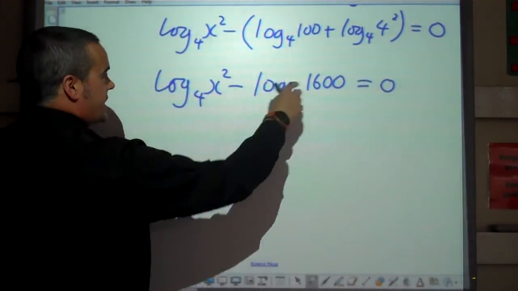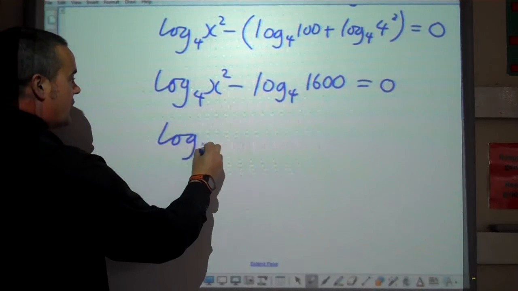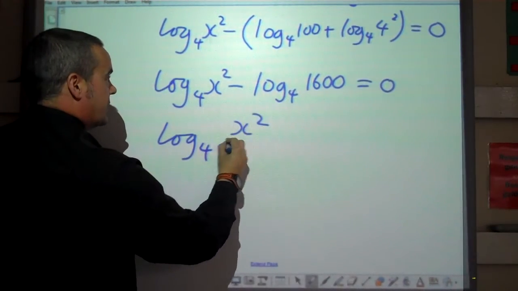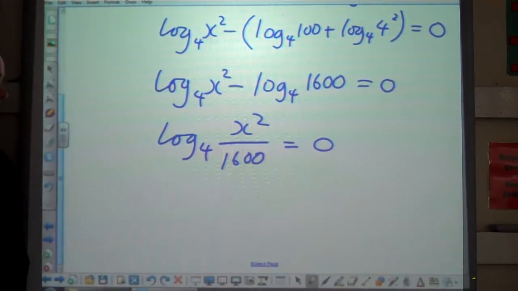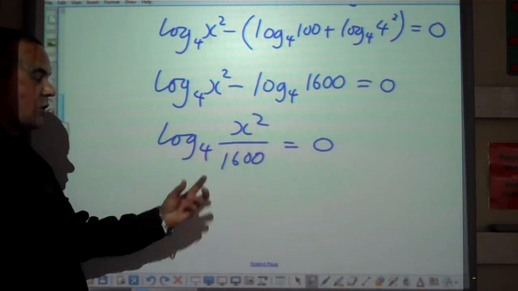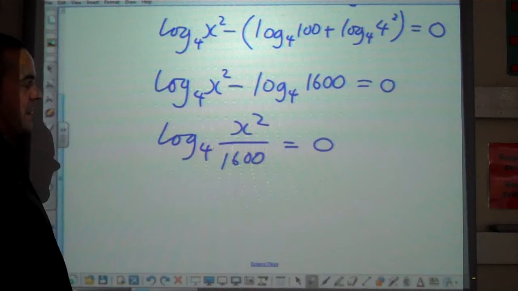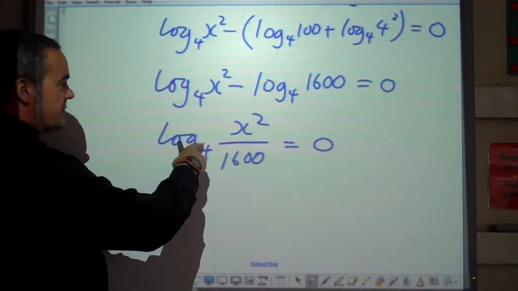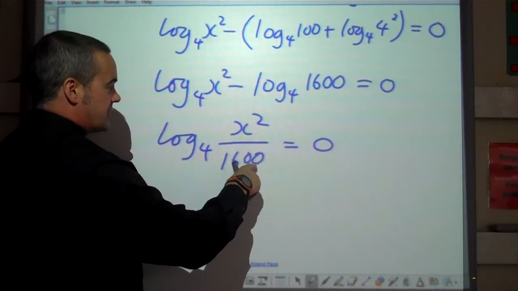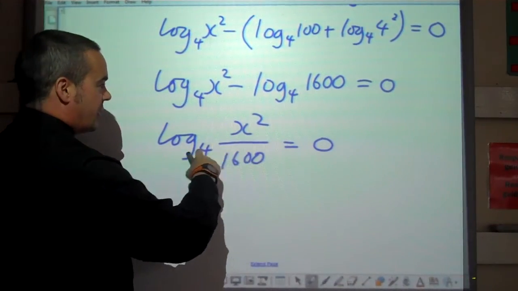And again, because it's negative, I'm going to divide. So log 4 of x squared over 1,600 equals 0. Now what I have to do is do the opposite of log, which is exponential. So what I'm trying to find is the value that, when I log x squared over 1,600, gives me 0.